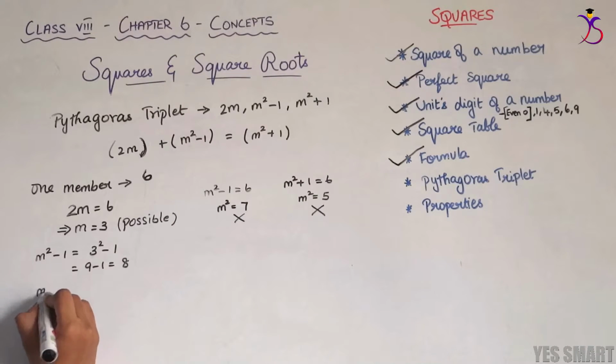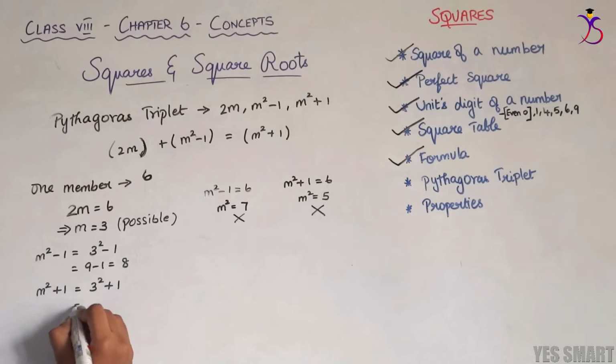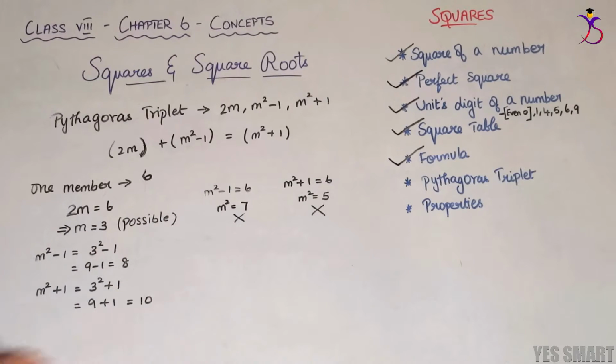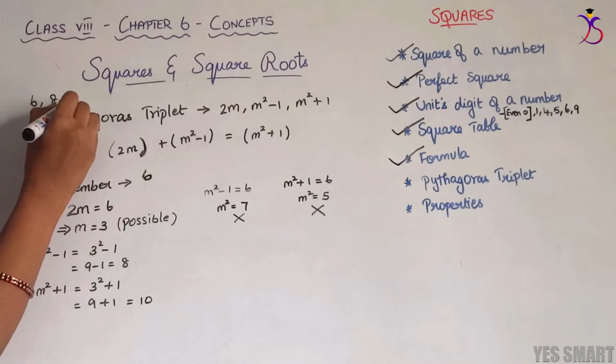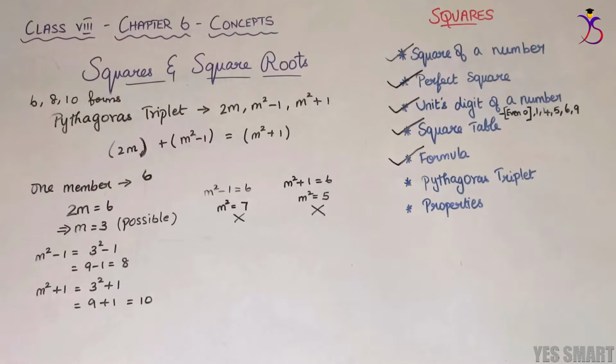And the other number would be m square plus 1 equal to 3 square plus 1 equal to 9 plus 1, which is equal to 10. Therefore 6, 8 and 10 form the Pythagoras triplet. In this way we can calculate the Pythagoras triplet. They will give one of the members and ask us to find the other two, or they can give us 3 numbers and ask us to verify whether these 3 numbers form a Pythagoras triplet.